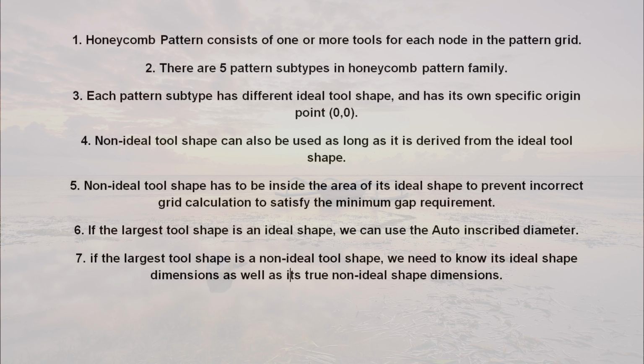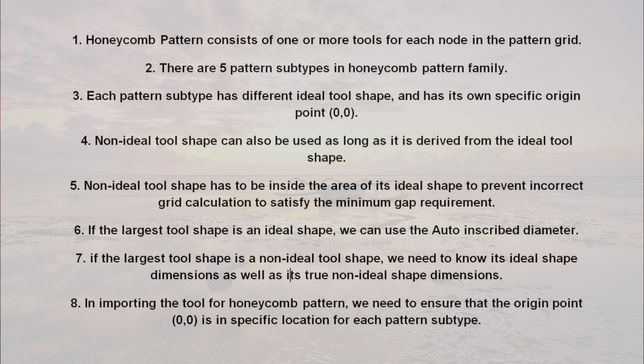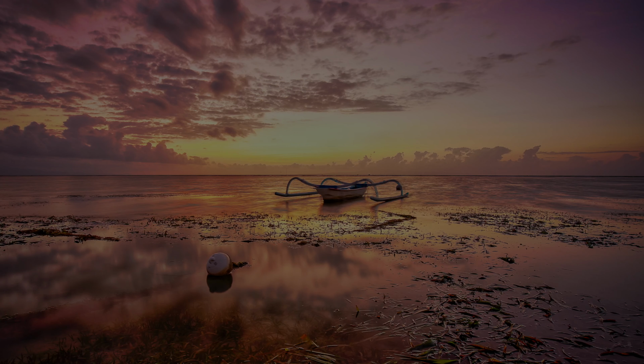The dimension of its ideal shape will be used to calculate the grid of the honeycomb pattern, and the true dimension of the non-ideal shape will be used to generate the variation of the tool if the laser mode tooling is selected. 8. In importing the tool for honeycomb pattern, we need to ensure that the origin point is in a specific location for each pattern subtype. I am hoping this tutorial will be useful for you to understand honeycomb pattern and how to use it for your own project.